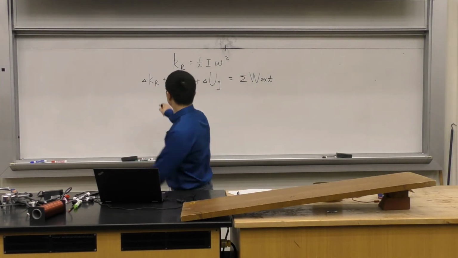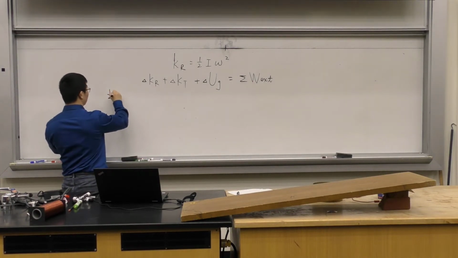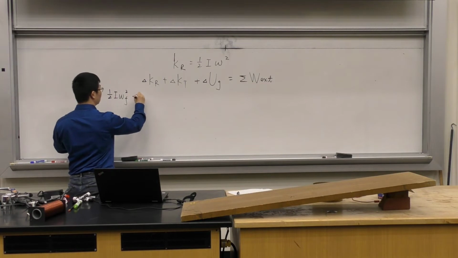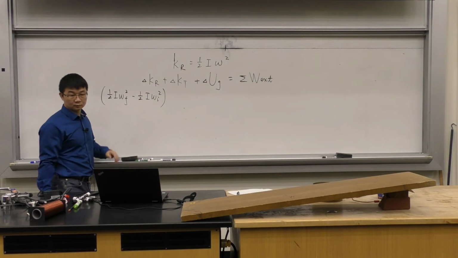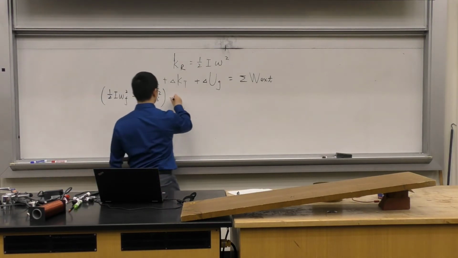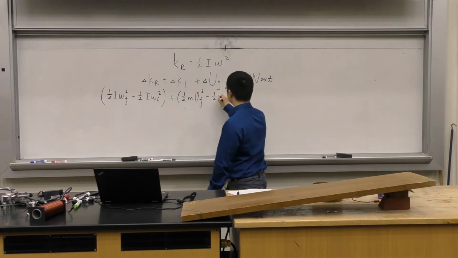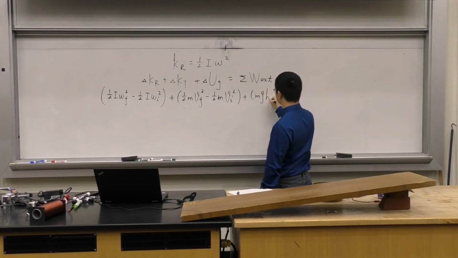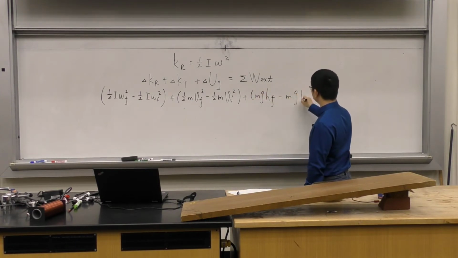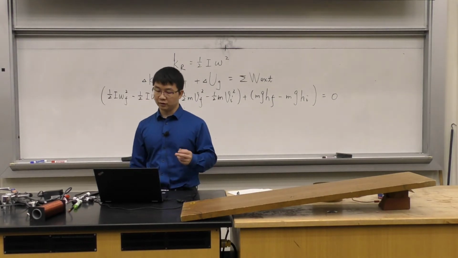Now, you see that you will set up exactly the same way like what we just did. 1/2 I omega final squared minus 1/2 I omega initial squared, plus 1/2 mv final squared minus 1/2 mv initial squared, plus mgh final minus mgh initial. And then still gravity doesn't go to the right hand side, normal force doesn't do work, you got a 0 on the right.